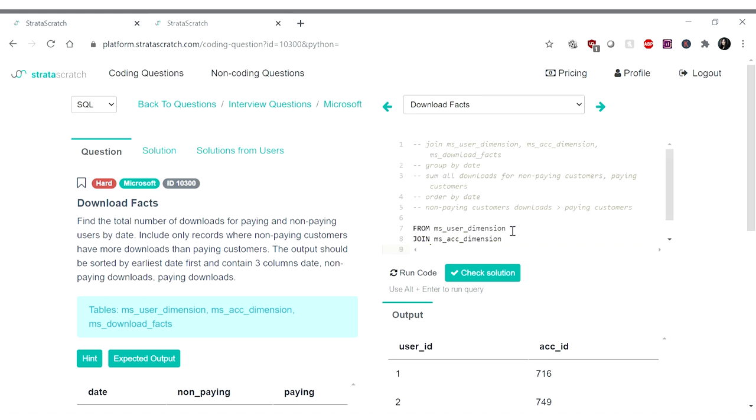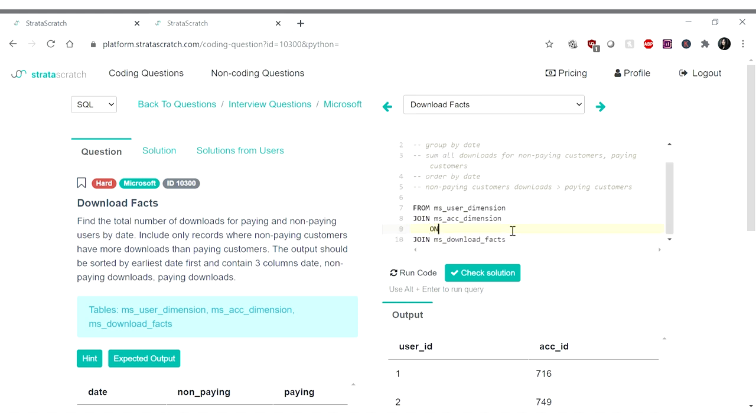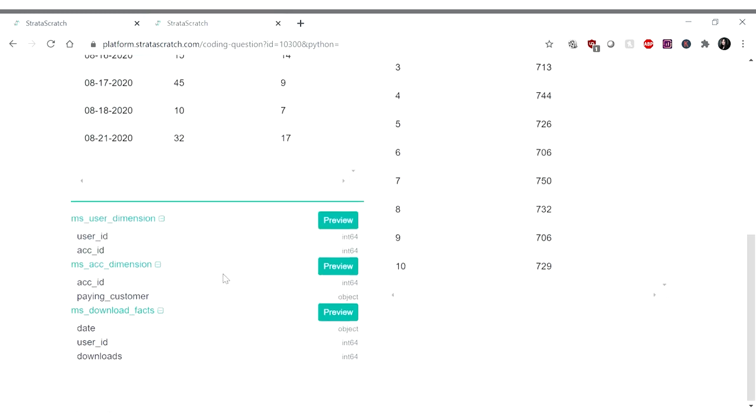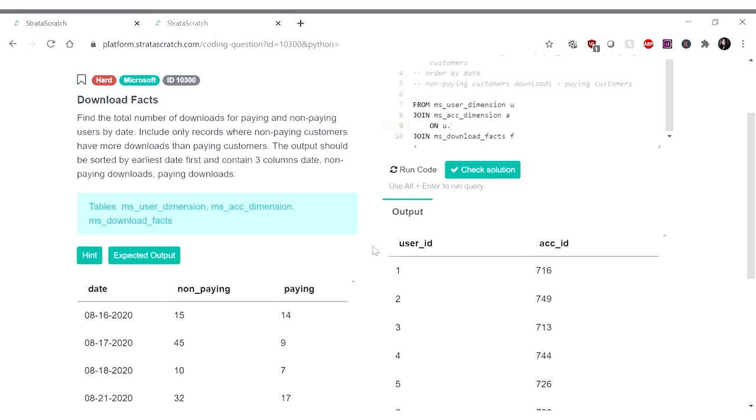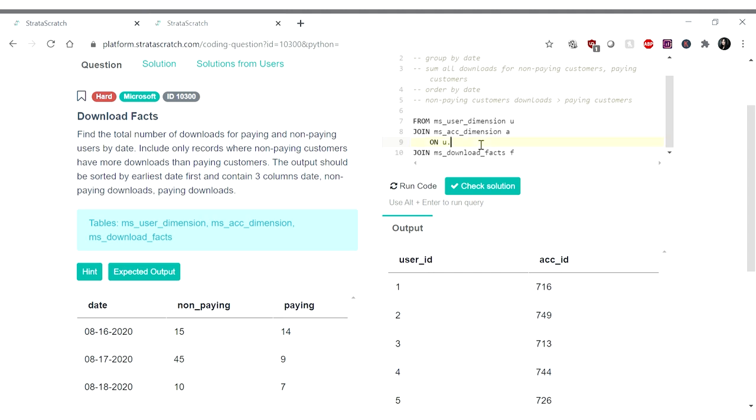Let's give these aliases: user dimension is called U, account dimension is called A, and download facts is called F. For the first join, we are joining on U dot account ID equal to A dot account ID.